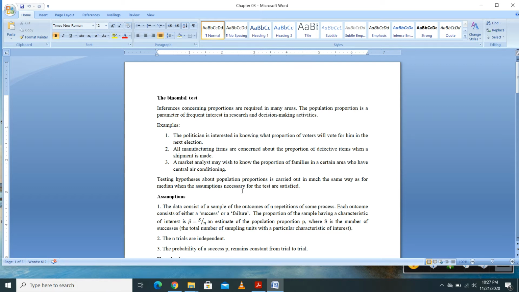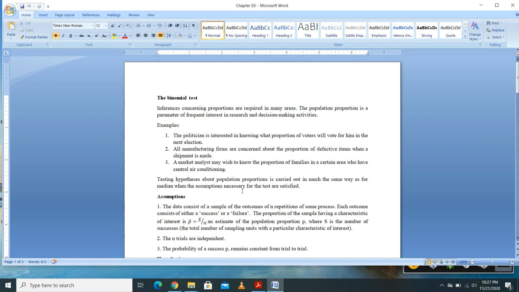Or manufacturing firms are concerned about the proportion of defective items in a given shipment. Or a market analyst may wish to know the proportion of families in a certain area who have central air conditioning. Likewise, sometimes we are interested in population proportions.